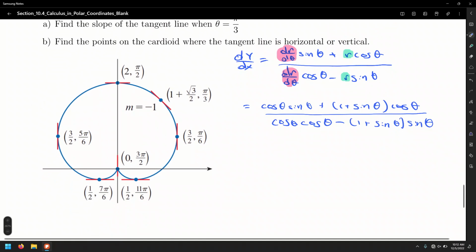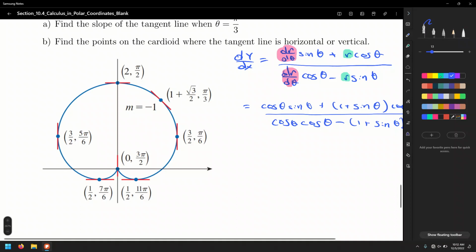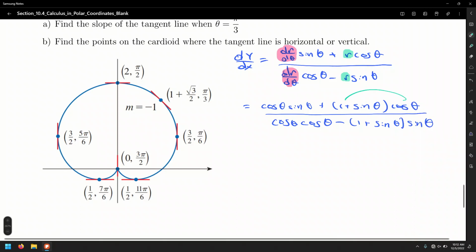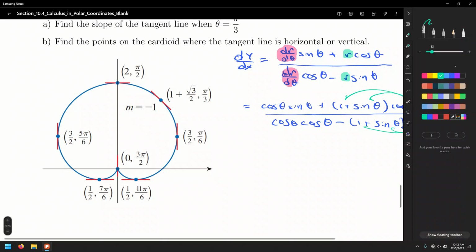So let's distribute. Multiply by 1, multiply by sine, multiply by 1, multiply by sine.